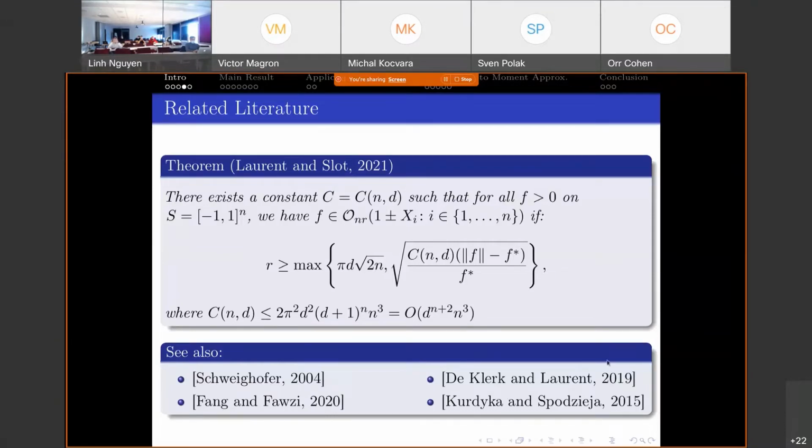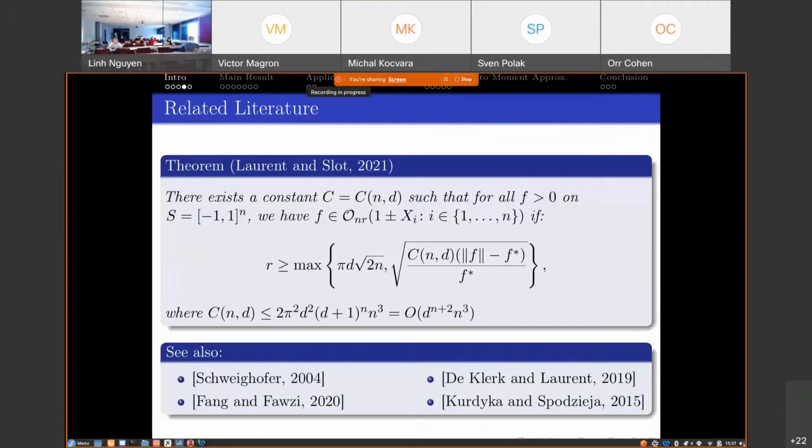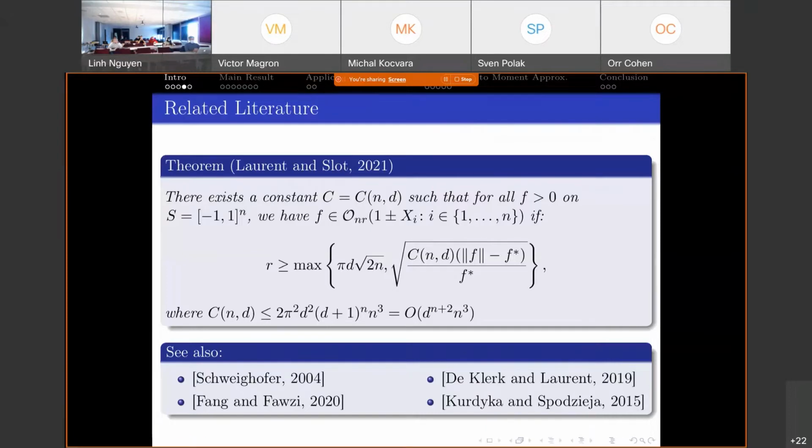In this other work by Monique and Etienne, you can find an analysis of the upper hierarchy of sum of squares densities. And finally, let me mention this paper by Christoph Kurbika and Paul Zieja, where they study a sub-cone of the quadratic module generated by the g_i and prove an equivalent version of the effective Putinar Positivstellensatz.